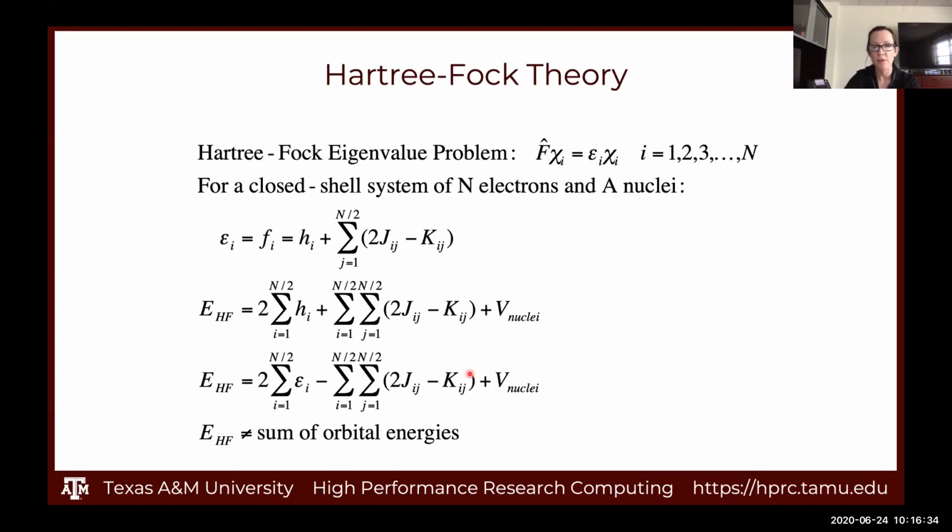You also have all of the 2 electron interaction terms that go to the overall energy of the system, and the nuclear terms. So you cannot just look at the orbital energies to determine stability of the molecule. The orbital energies can be useful for other things, but not for the overall stability.